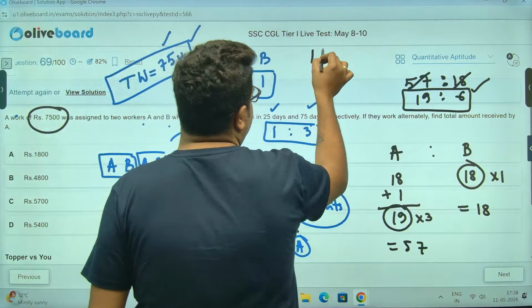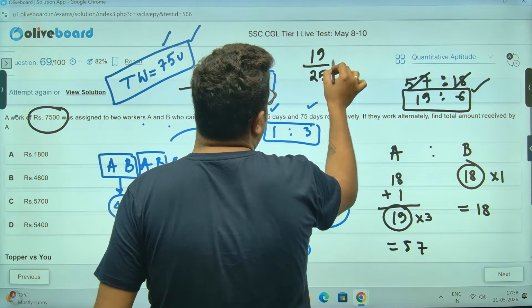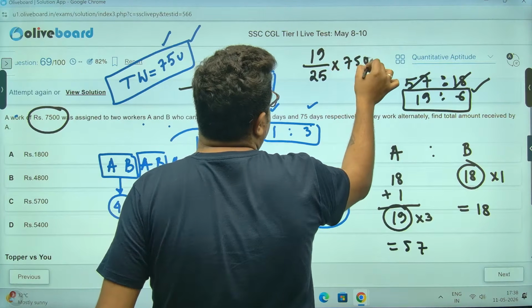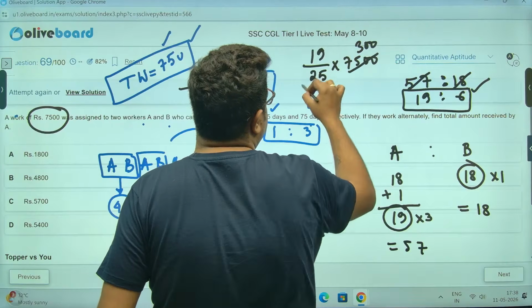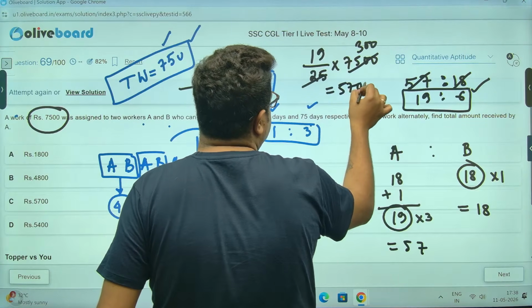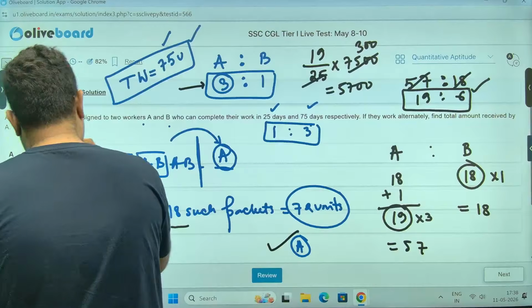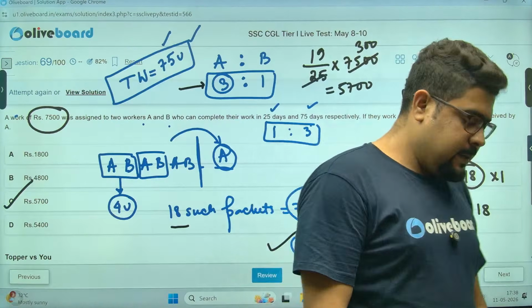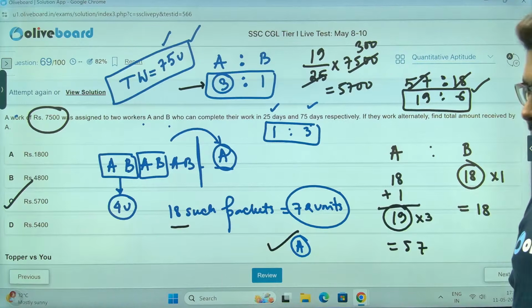You can say A will get 19 out of 25 into 7,500. This is 300, this is 5,700. Option C.